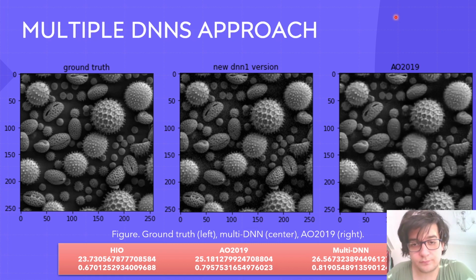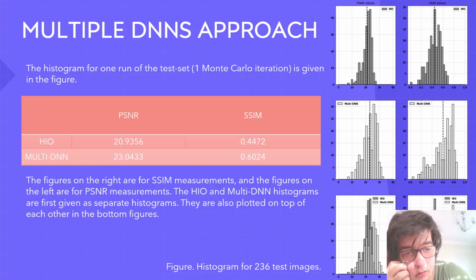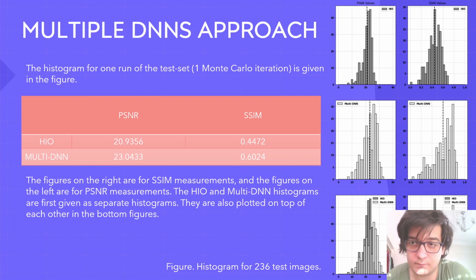And if we zoom into the images, we can actually see it much easier. As you can see from these images, it preserves the fine details in the images better. And you can see the histogram of the Monte Carlo simulations from this figure.